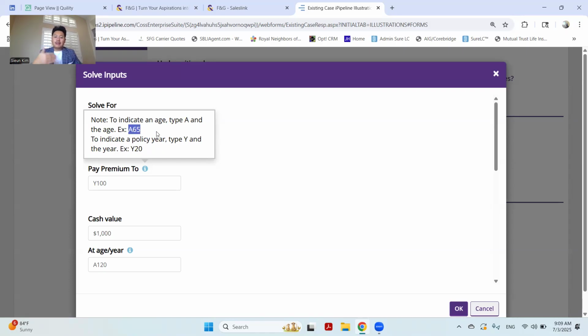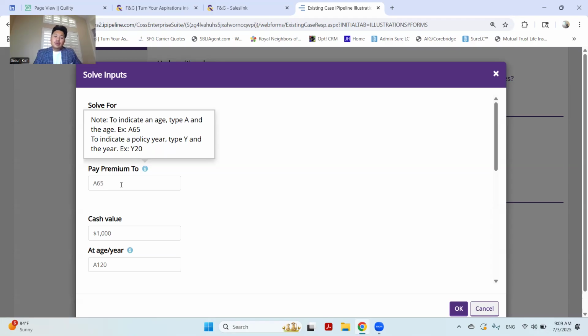So the client will pay the premium until the client is 65 years old. Typically what I do is I like to put here A65. That means the client will pay from whatever age they are now until 65, they'll pay the premium, but afterwards they don't put any more money, not even a dime. So at age 65, it stops.